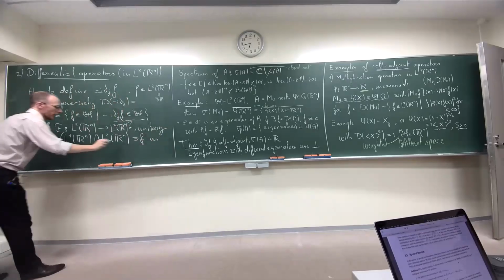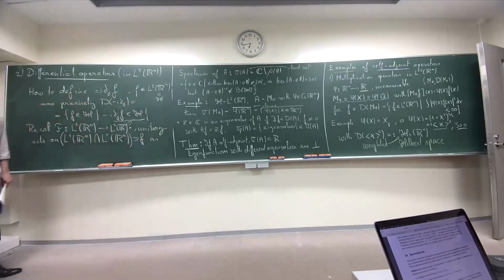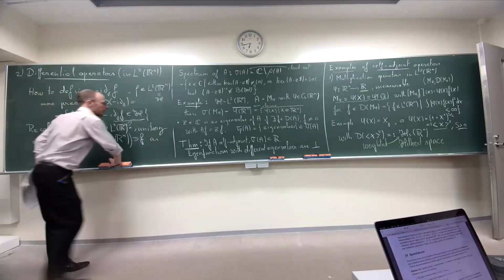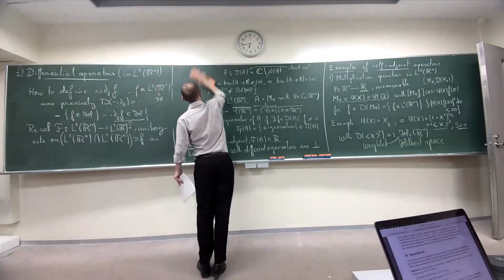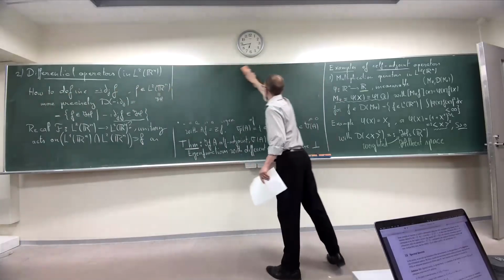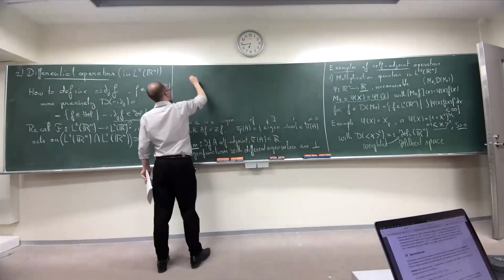Remember the formula I want to give, and you know this formula. I cannot write it for all f in L2. I need to define it on something slightly smaller. And what is the formula that you should know for the Fourier transform?